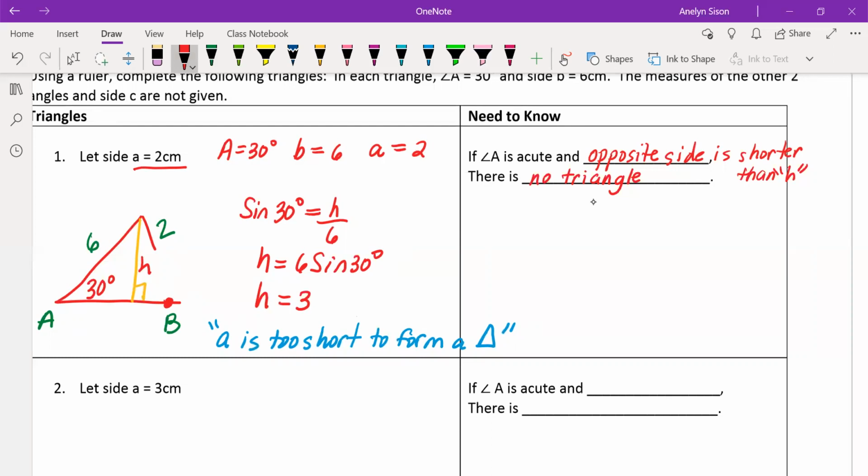How do we write that in symbols so that it will be easier to remember? So here, A less than height, okay? So if the A, and remember, what is that A? A is the opposite side of the given angle. Remember?